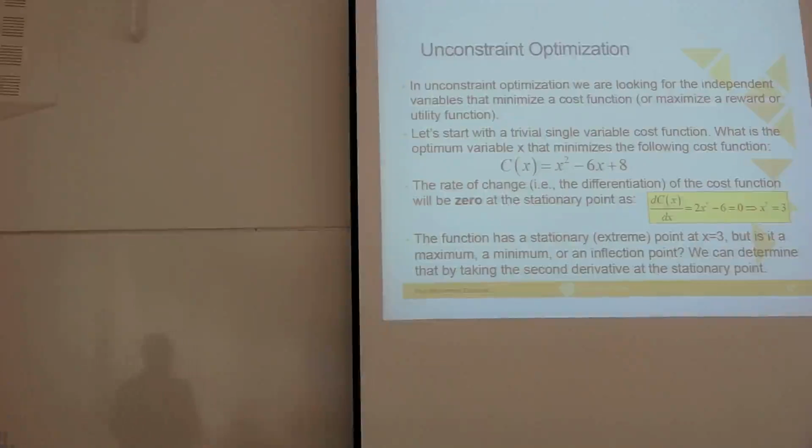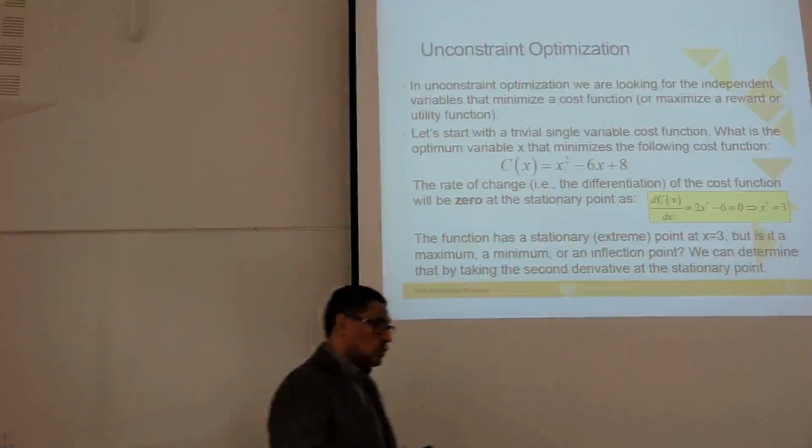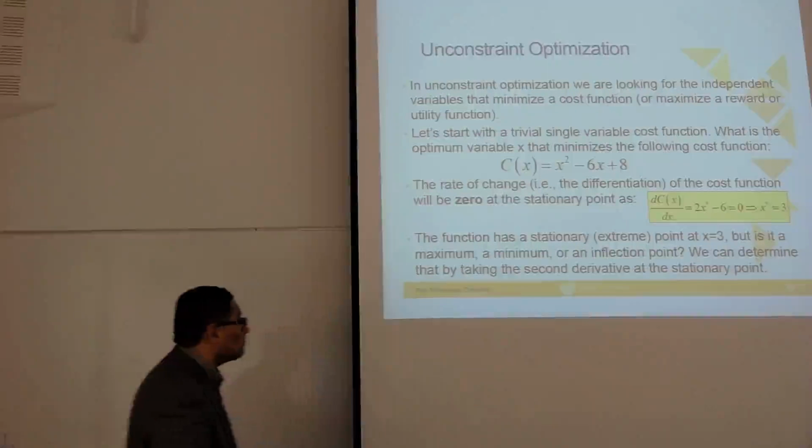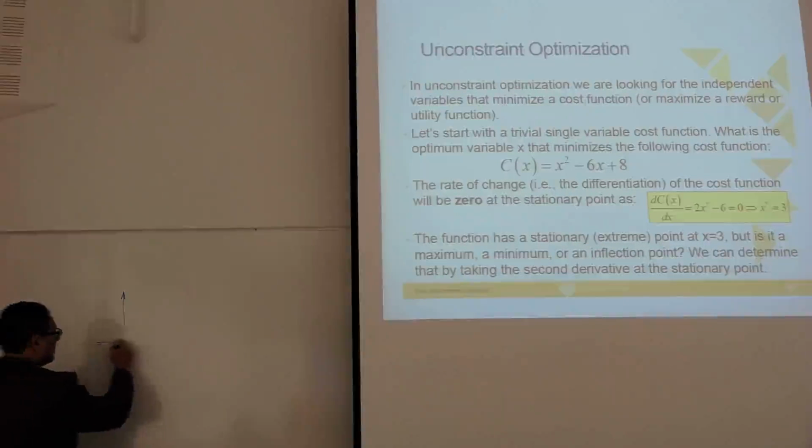Or if we want to maximize, then we call it a rewarding function or utility function. So usually we are looking for maximizing utilities or rewards, and we are always looking for minimizing cost functions.